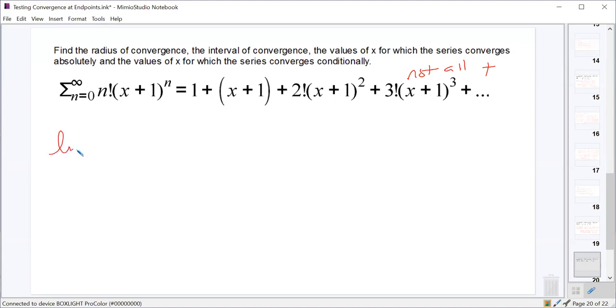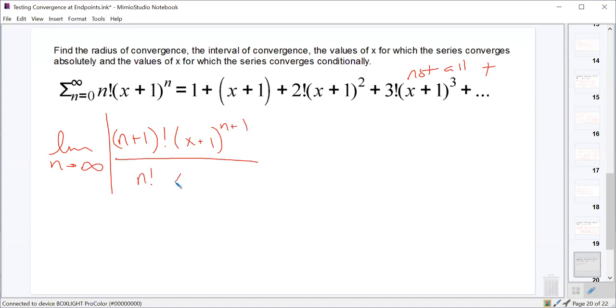So we're going to look at the limit as n approaches infinity of the absolute value of (n plus 1) factorial times (x plus 1) to the n plus 1, divided by n factorial times (x plus 1) to the n. And we will then simplify and see what we get.